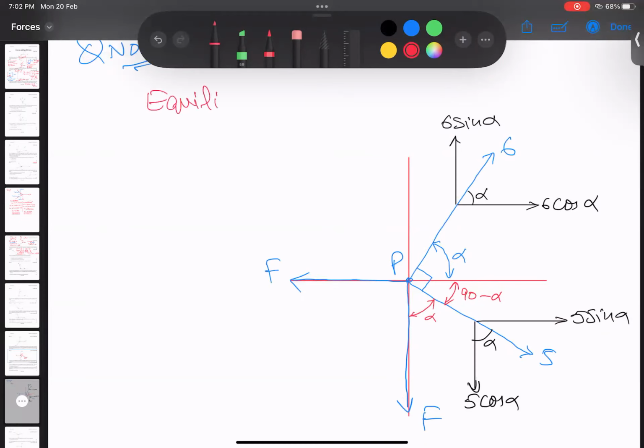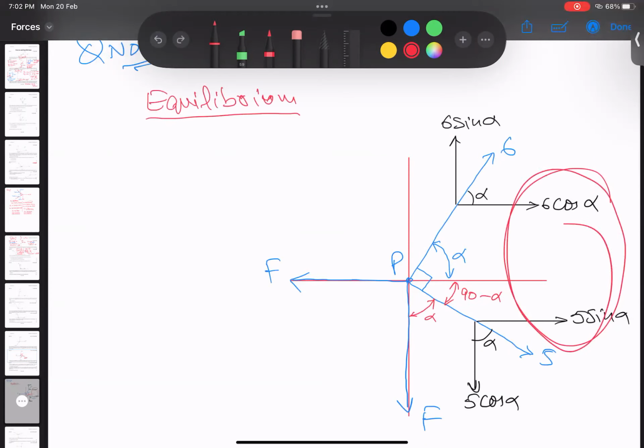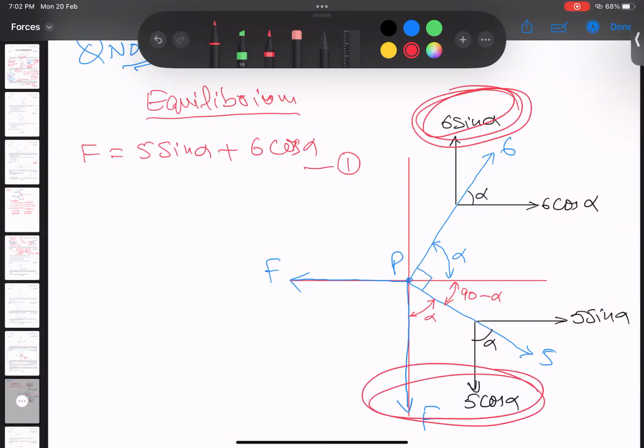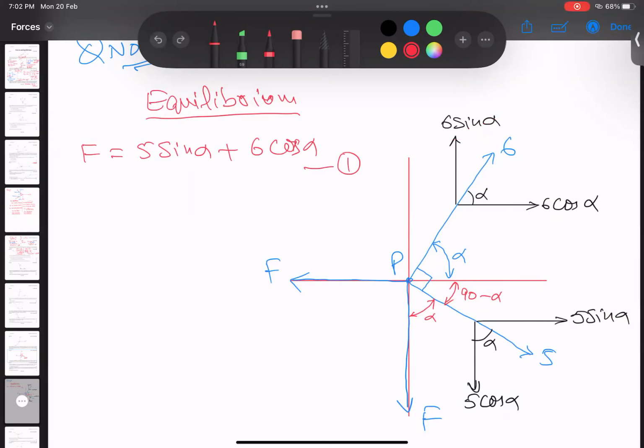So I can say a clear concept here because the system is in equilibrium. In this sense, I can say one thing: the rightward forces equal the leftward forces. I repeat. So I can say here, F equals 5 sine alpha plus 6 cos alpha. Repeat, this plus this equals F. This is equation number 1 done. Now let's talk about the forces acting upward and downward. They are also equal to each other.